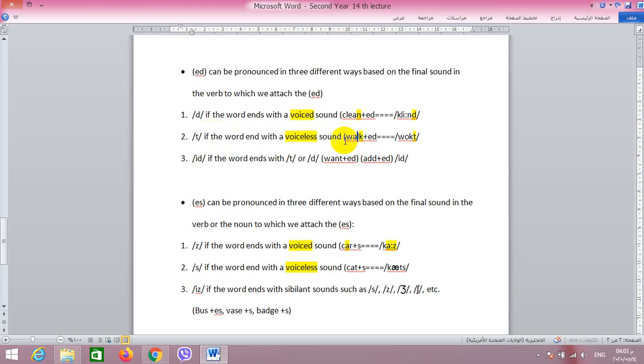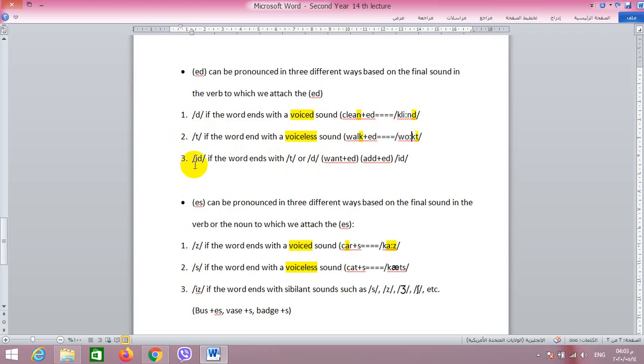So when the verb is just like walk, it ends with a voiceless sound like k. When I add the ed, I pronounce it as t, walked, walked. This one should be longer.